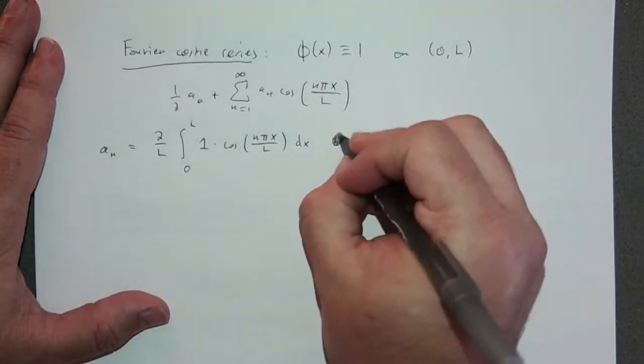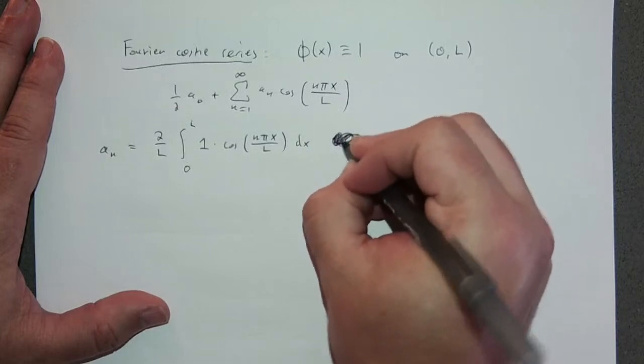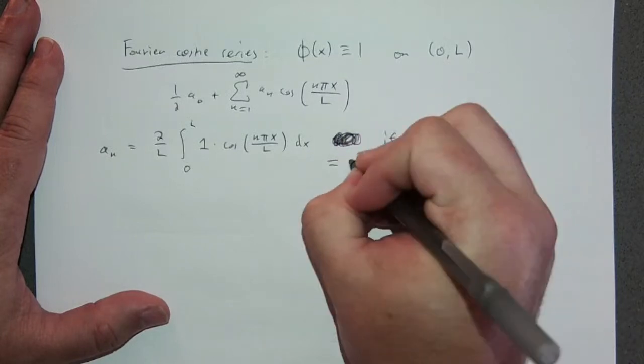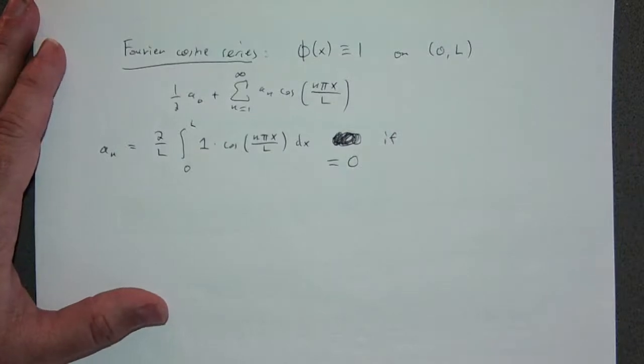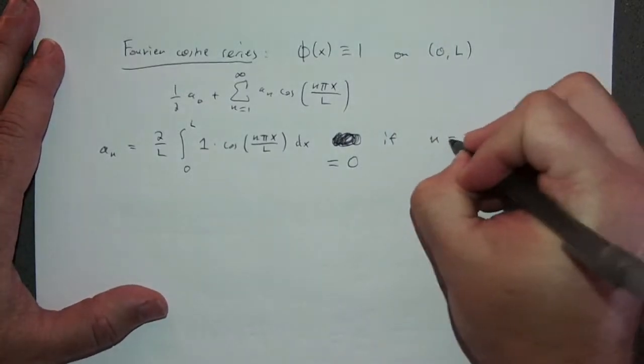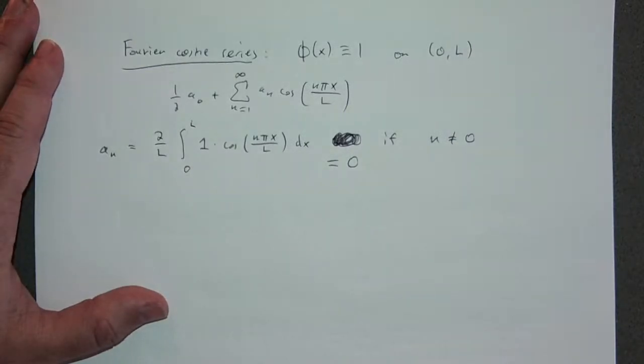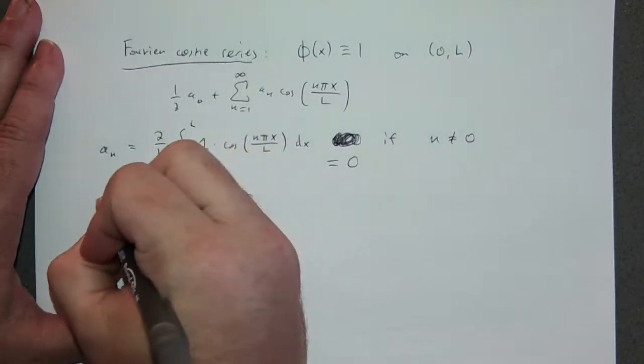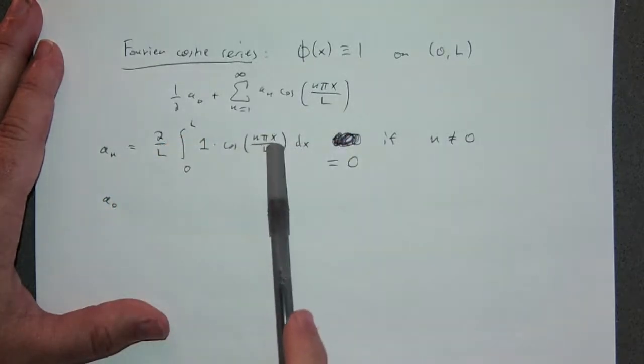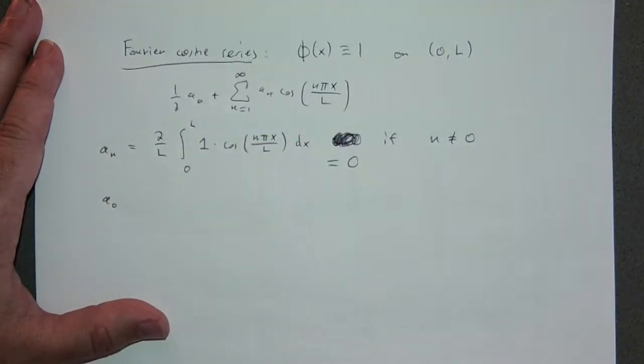Why did I write not equal 0? This is equal to 0 if n is not 0. So there is exactly one value of n for which this is not 0.